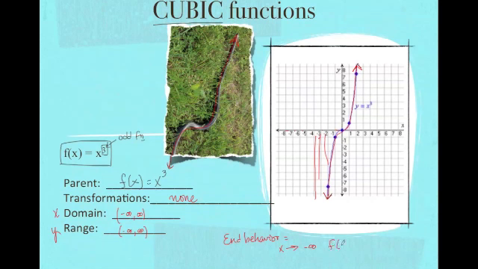So f of x is approaching negative infinity. As x approaches positive infinity, so as you're moving along this way, it is rising. So the function here is falling to negative infinity and it's rising to positive infinity.